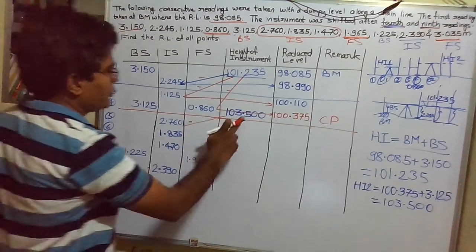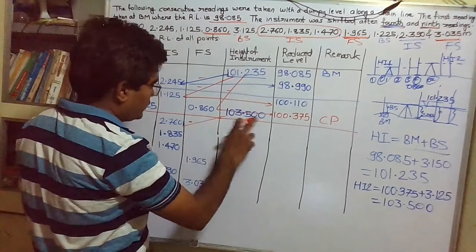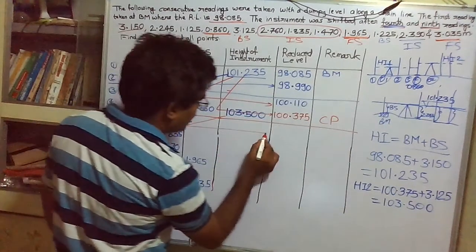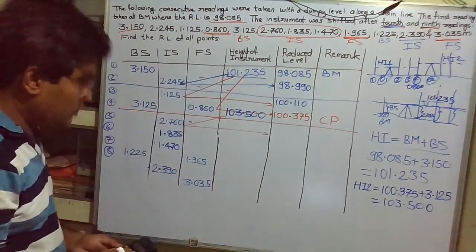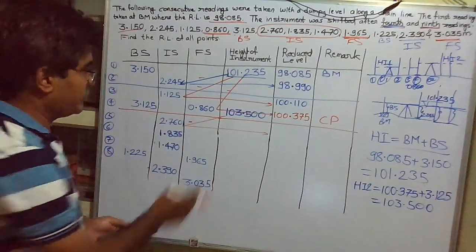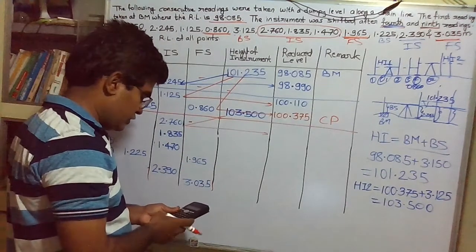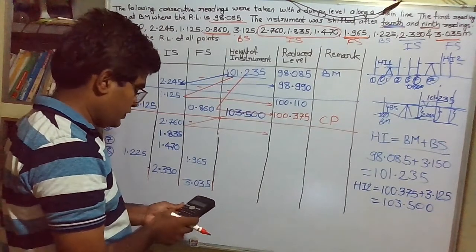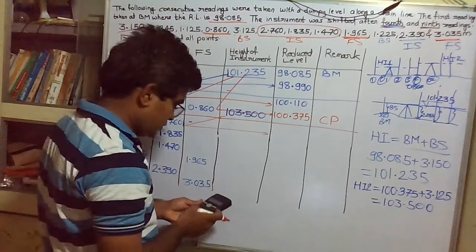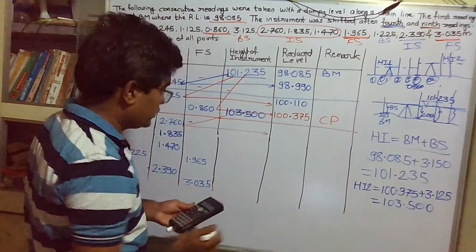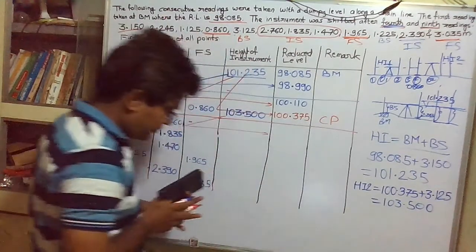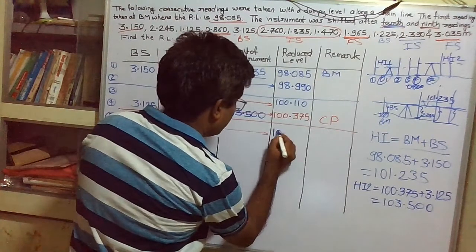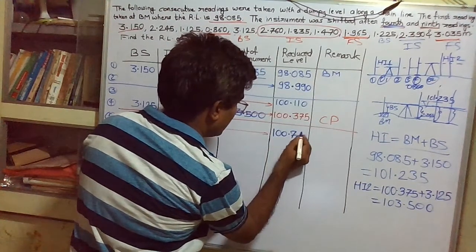So 103.5 minus 2.760. So how much does it come? It comes to be 100.740.